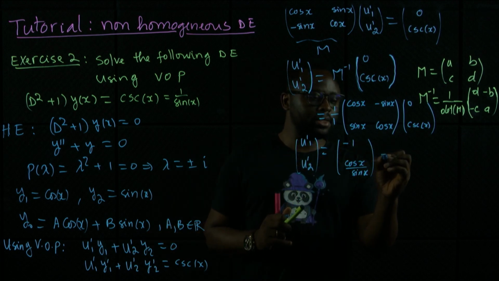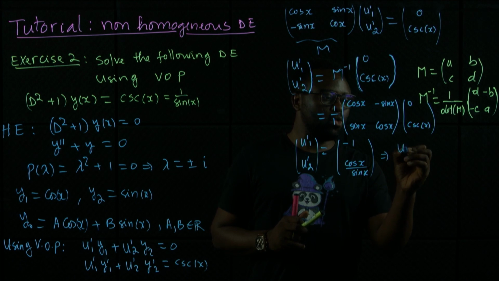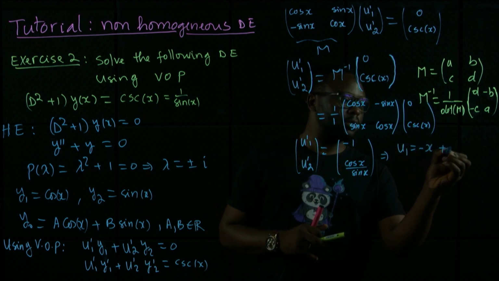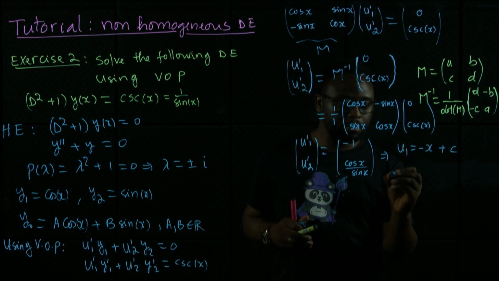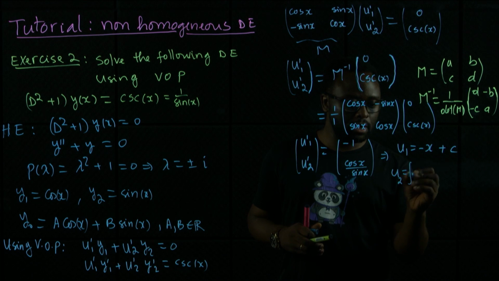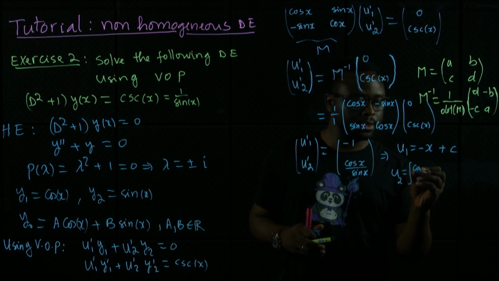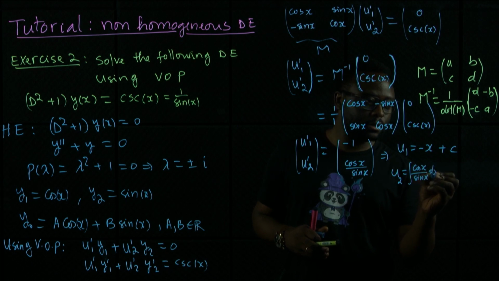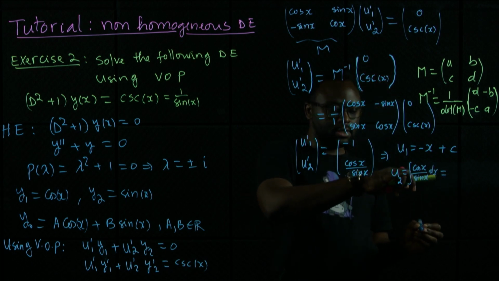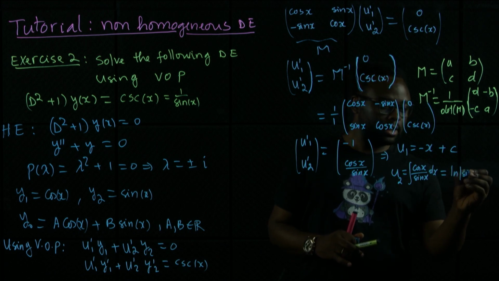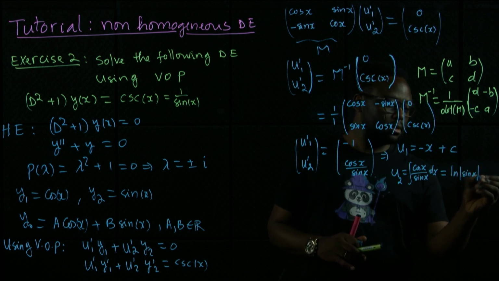At this stage, this is u1' and this is u2'. We can integrate this. u1 will be minus x plus a constant c. For the second, u2 is the integral of cos x over sin x dx, and I think this is the logarithm of sin x plus a constant d.